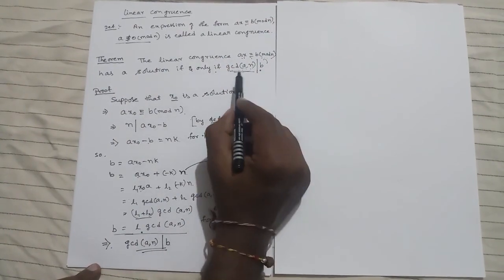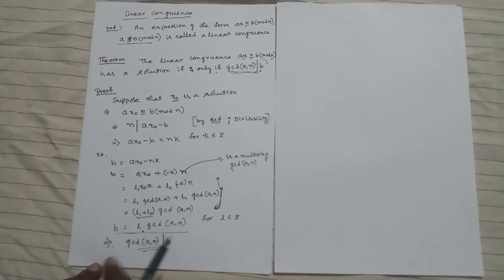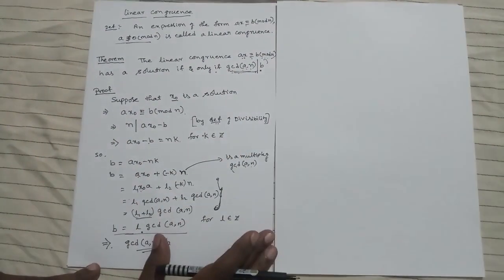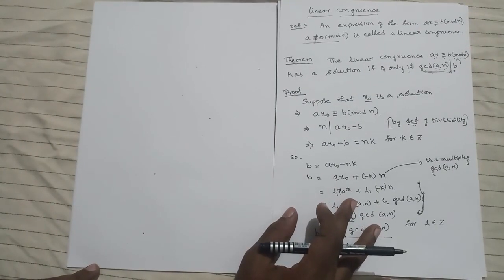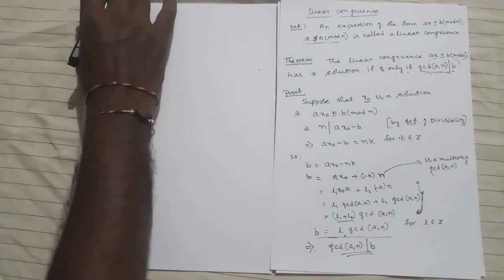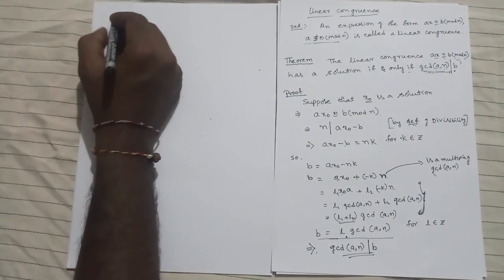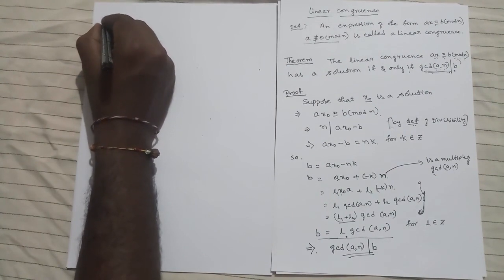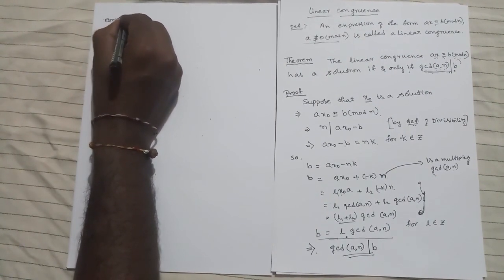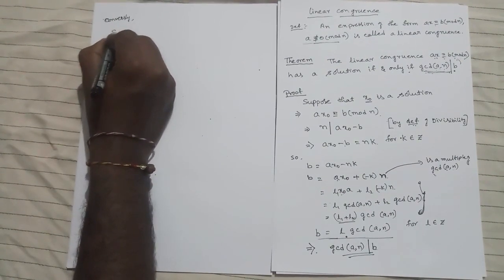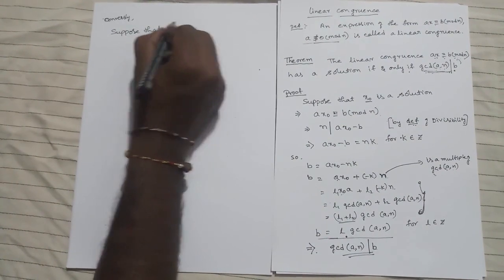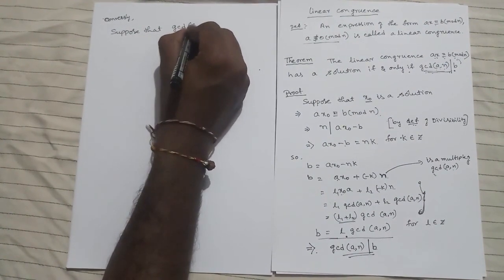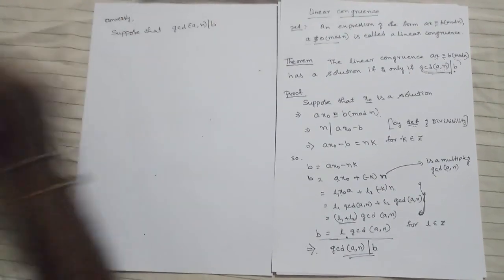Now conversely you have to go. Suppose that I take GCD of a comma n divides b.